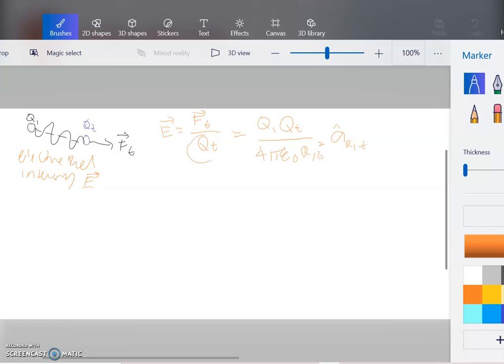And here you see Qt, so I put different colors for ease of seeing, over Qt. So you can cancel out this and this. You will end up with Q1 over 4 pi epsilon naught R1t squared in the direction of unit vector R1t.